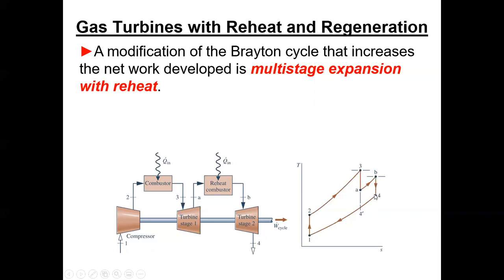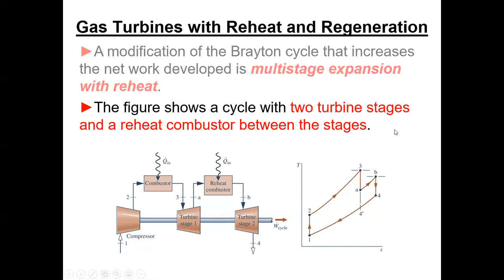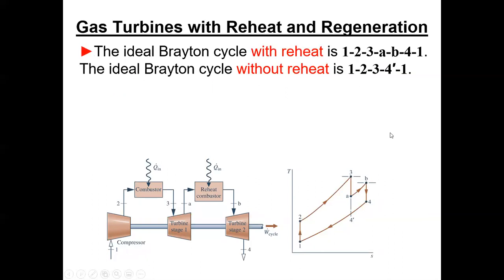We're going to expand again, and then basically we're going to throw it away and bring in some more. But we think about this as a closed cycle with heat rejection to the environment. So pretty much the same thing, with 2 turbine stages. And so you can see the 2 cycles.